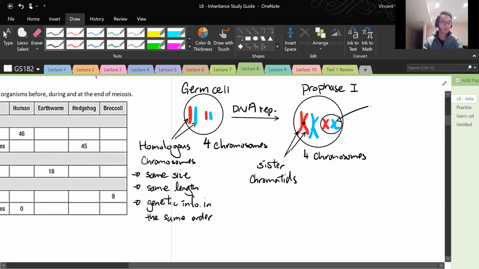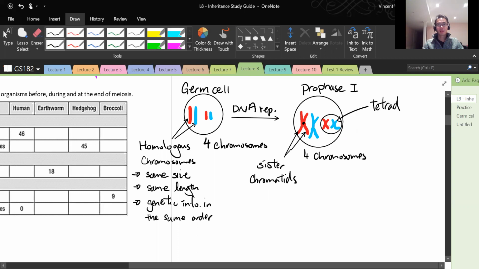Anybody remember? Okay. Yeah, we have 2. We have the red and the blue are the homologous chromosomes. Yeah. But when they're all together like that, right? This is called a tetrad. Okay. Tetrad. 4 sister chromatids together.